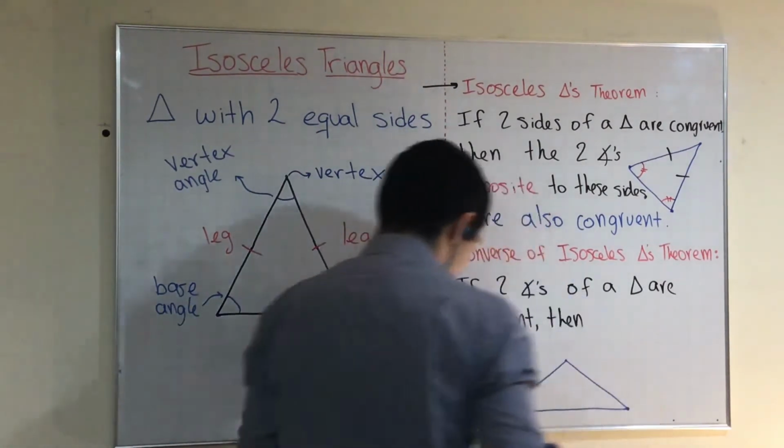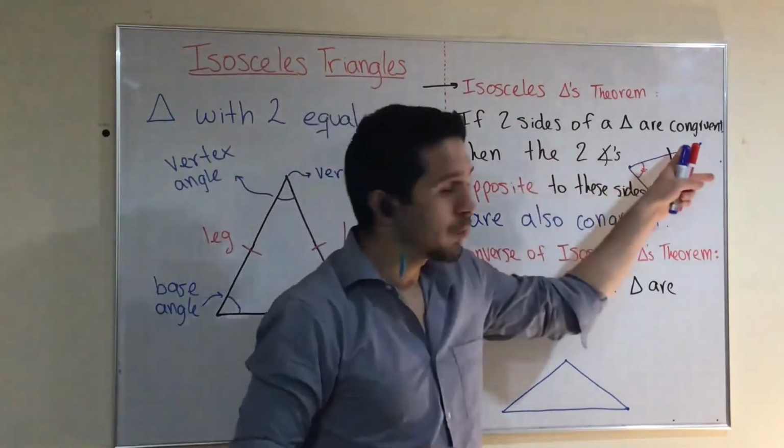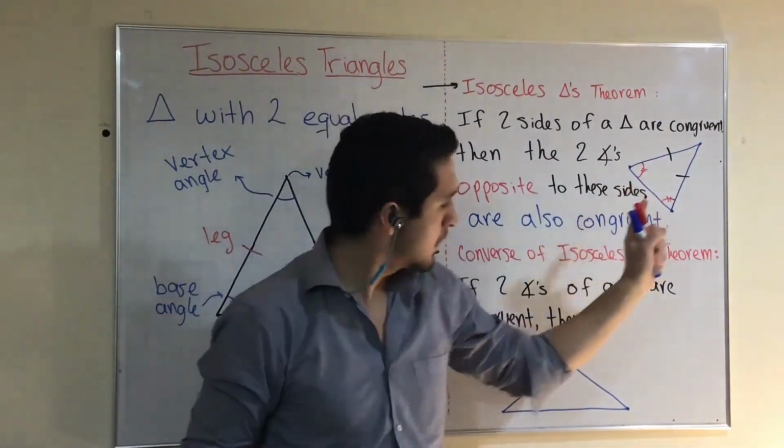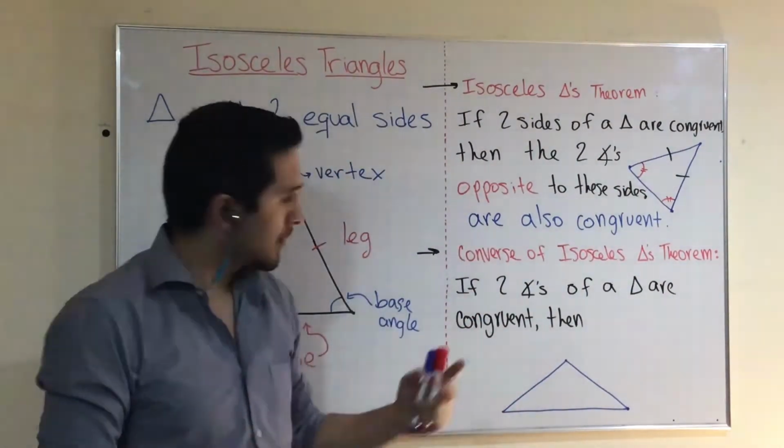then, so here we said, if two sides are congruent, the opposite angles are also congruent. Now we're going to start in the other scenario.